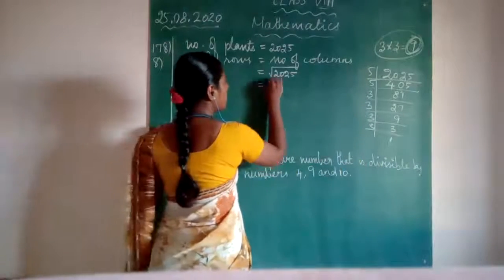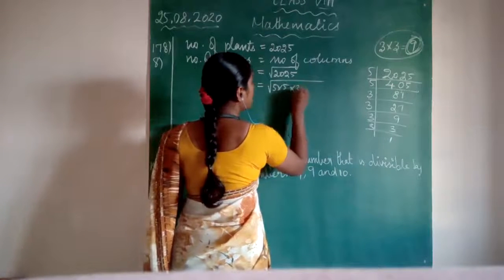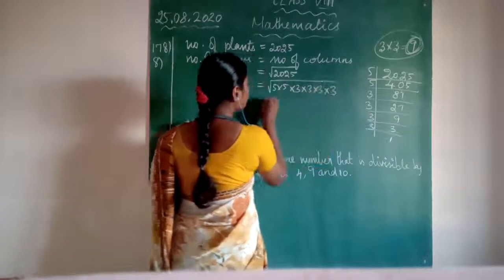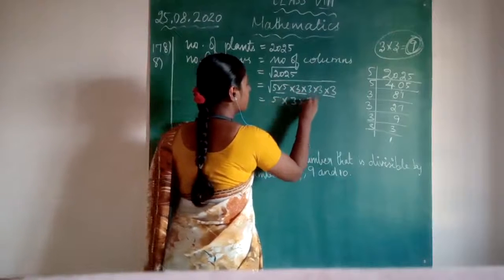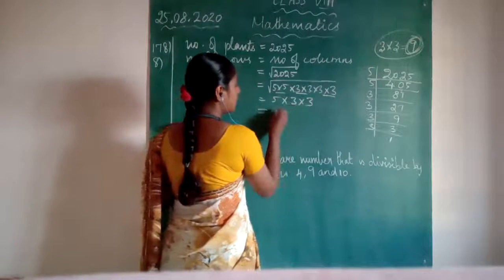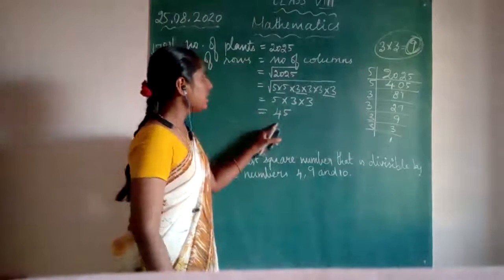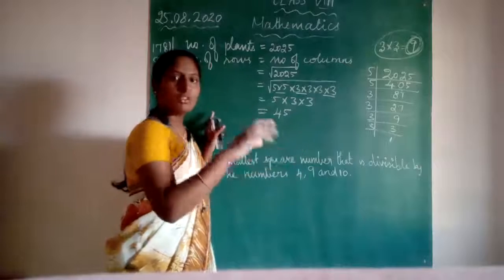Then you can write square root of 5 into 5 into 3 into 3 into 3 into 3. So this one can be written as 5 into 3 into 3. That is 5 3s are 15 and 15 3s are 45. Is it clear? So there are 45 rows and each row is having 45 plants.